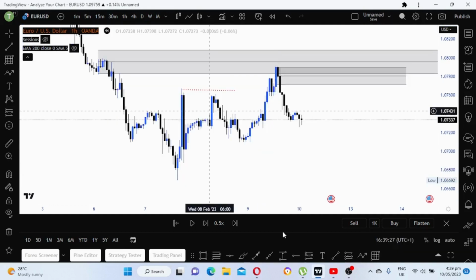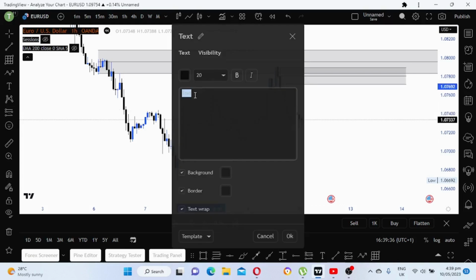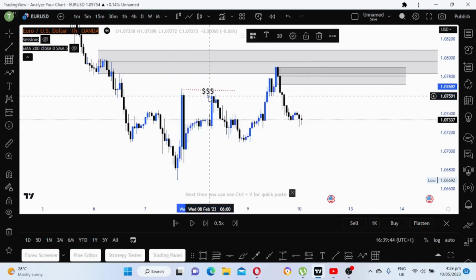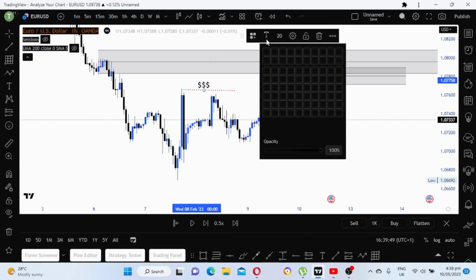So as you can see, guys, this double top here, there is liquidity at this double top. That's why you must be careful when you trade those double top patterns. Those double tops and double bottoms, guys, there is liquidity there.